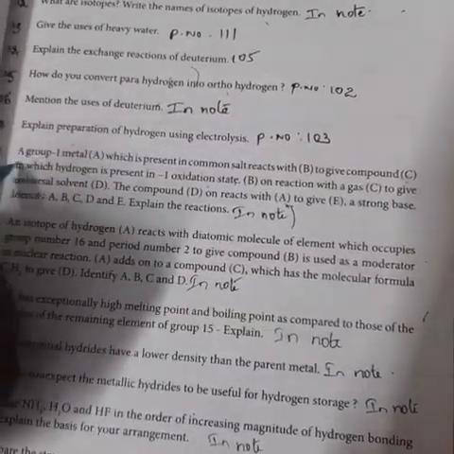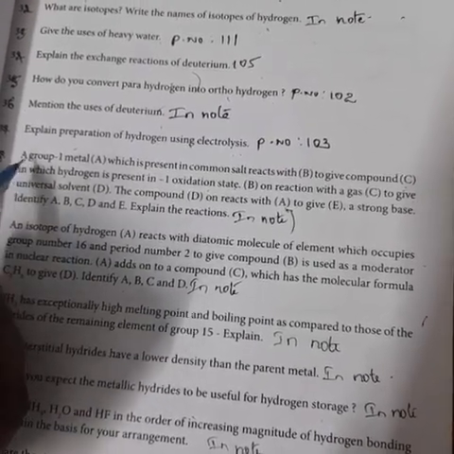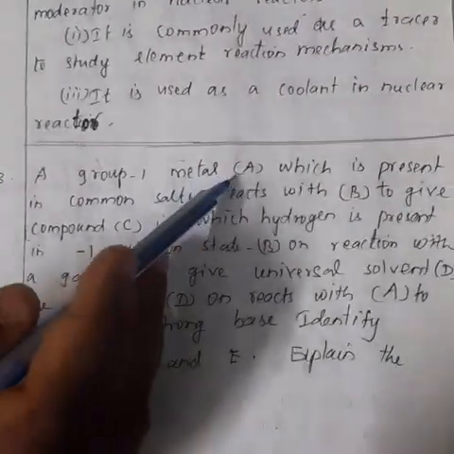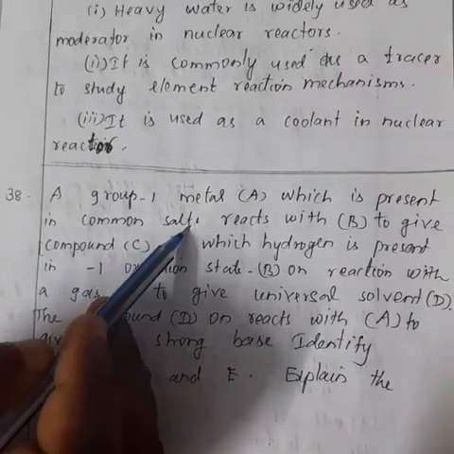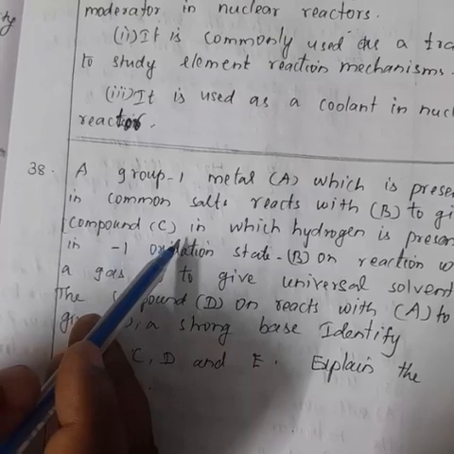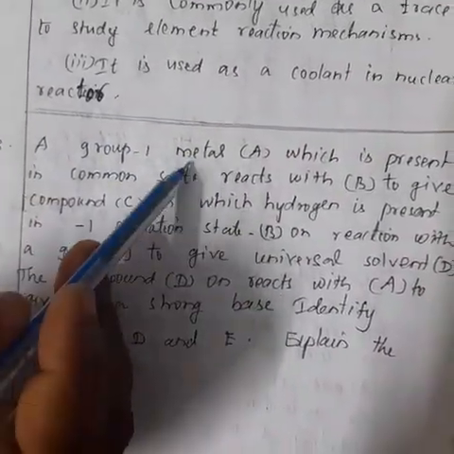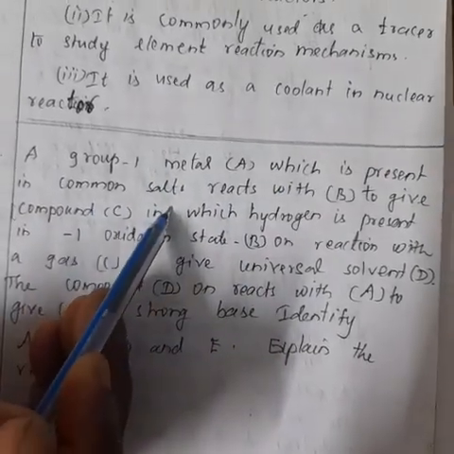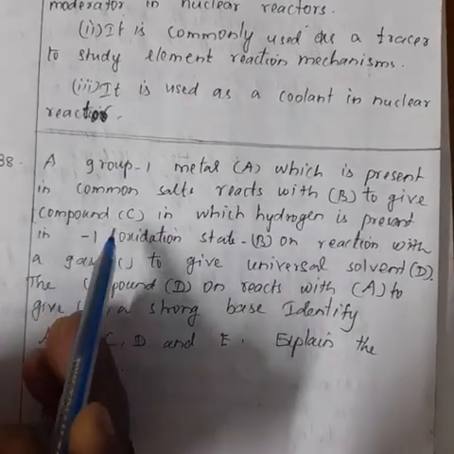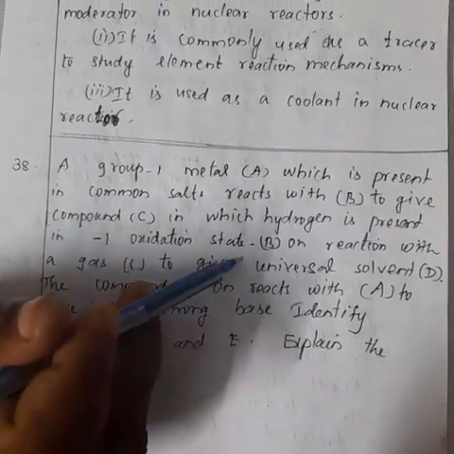And question number 38. A group 1 metal A which is present in common salt reacts with B to give compound C, in which hydrogen is present in -1 oxidation state.